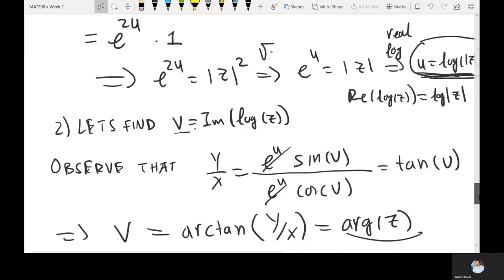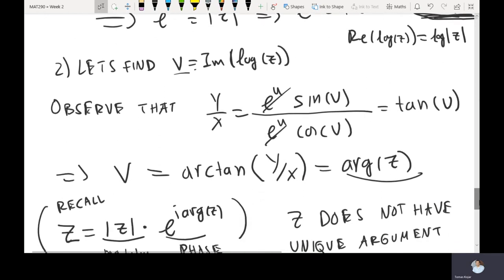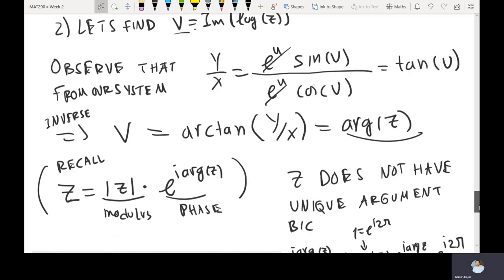Then we want to find v from our system. We find that y over x is equal to the tangent of v. Then we take the inverse with arctan, and we found our v.